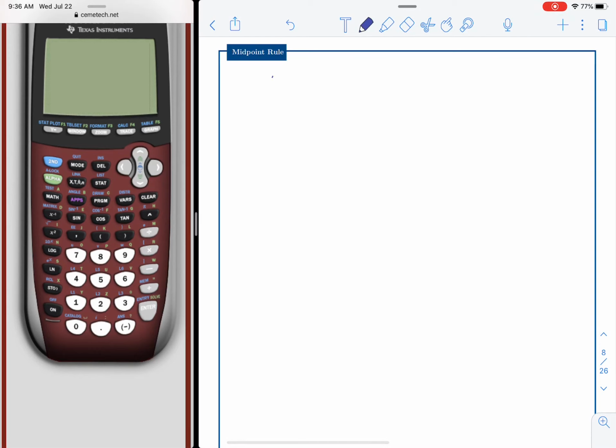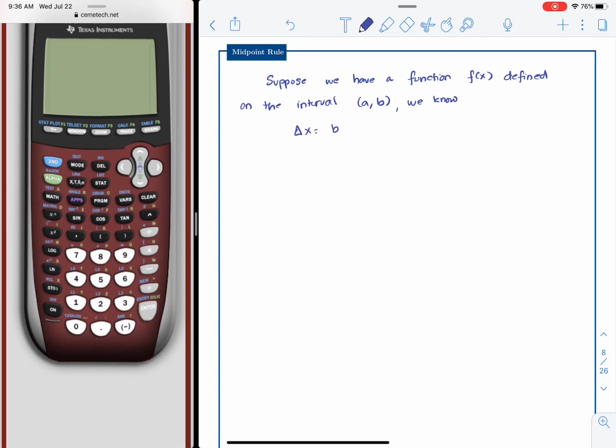So suppose we have a function f of x defined on the interval a comma b. We know delta x is simply b minus a divided by n.